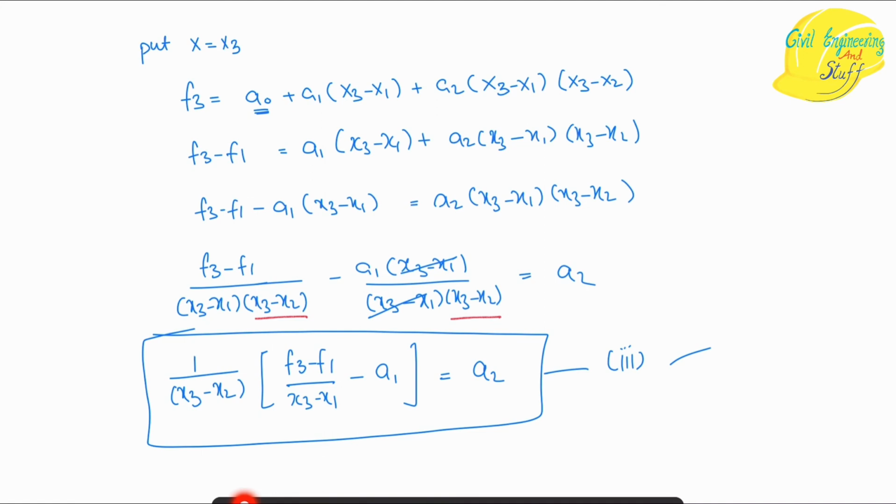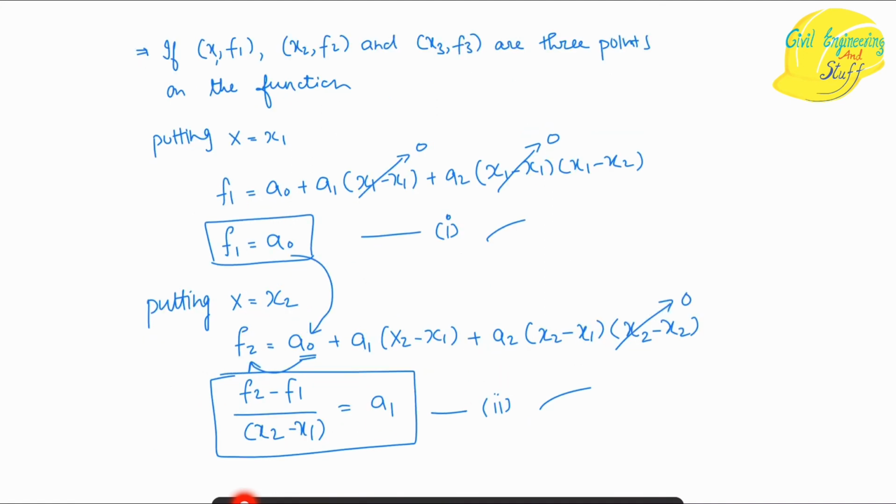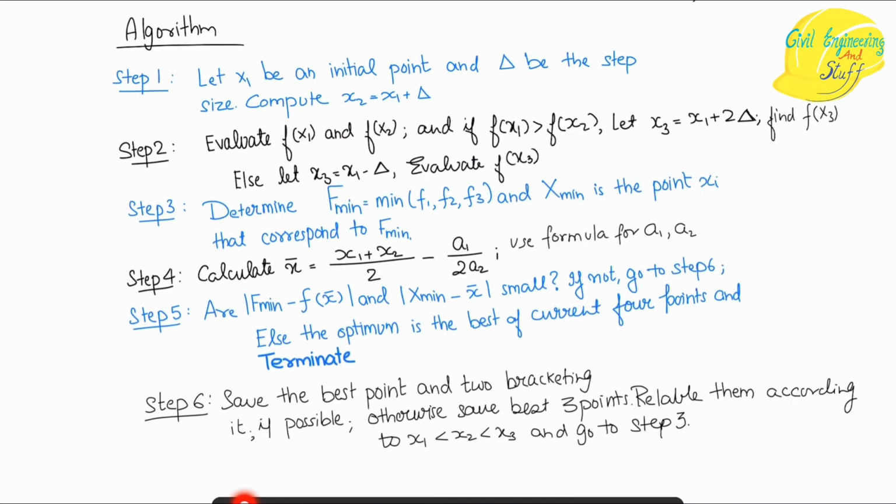This is the value of a2, and this is the formula for finding a1. Then we also find the function value f(x bar), and we see whether the difference between f minimum and f(x bar), and between x minimum from the previous step and x bar in this step, is small.